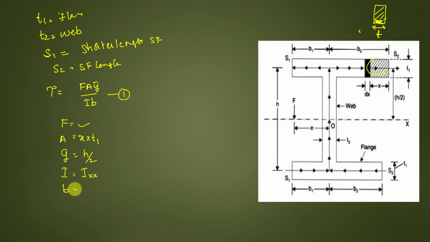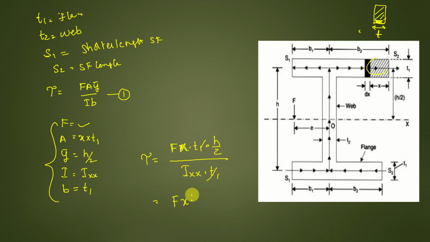So for this particular section, B will be the width, that means this thickness T1. Let me substitute all of them here. What will you get? Tau is equal to F into x into T1 into y bar, h by 2, by Ixx into T1. So T1 will be cancelled, and F x h by 2 Ixx will be tau. Take it as equation number 2.